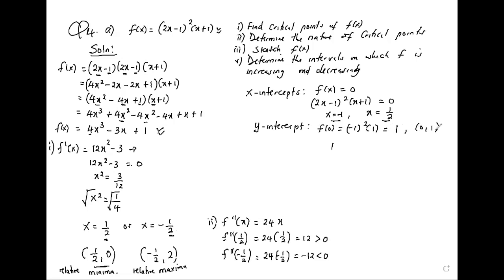Let me sketch it. The turning points, negative half, 2. Here, we also have a half, 0.